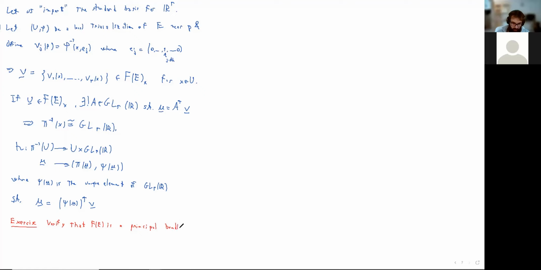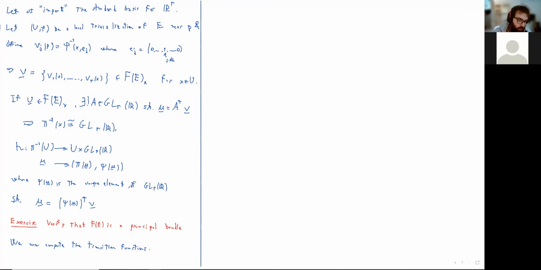The thing I want to do now is find the transition functions. We now compute the transition functions. And why do we want to do this? Of course, it's because our F E was defined somewhat naturally, but it's not clear what the transition functions are, not clear that it's a principal bundle.